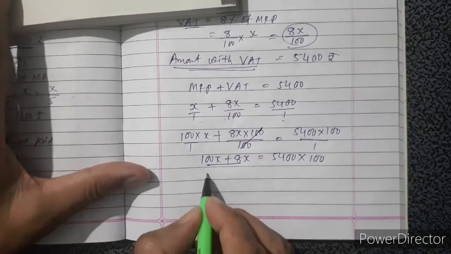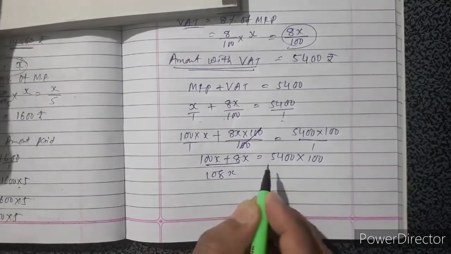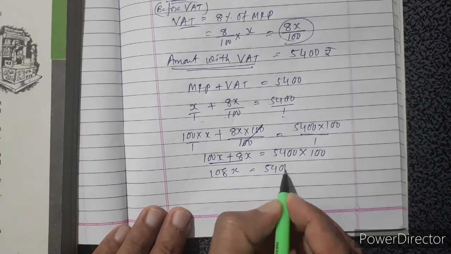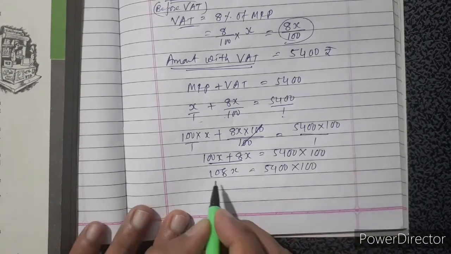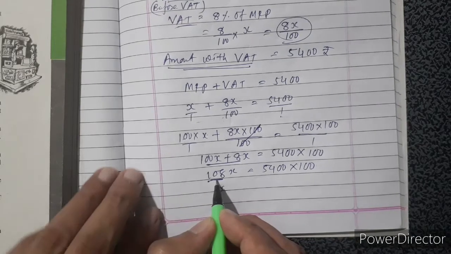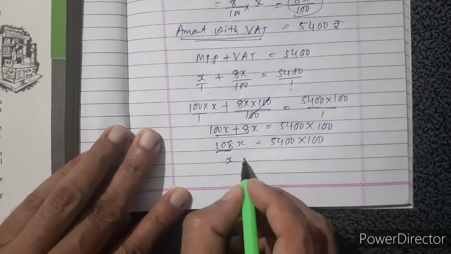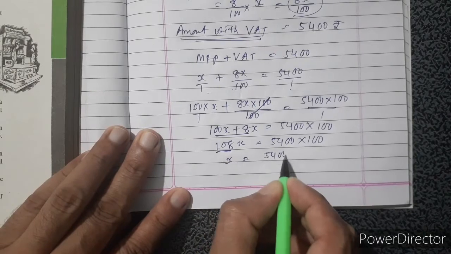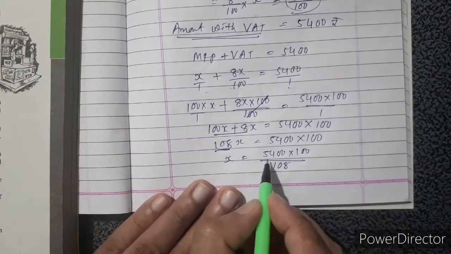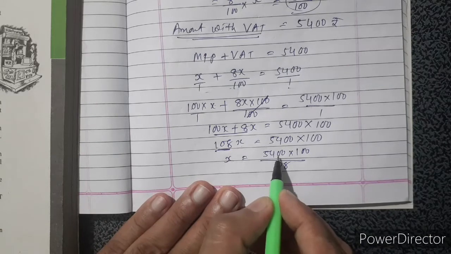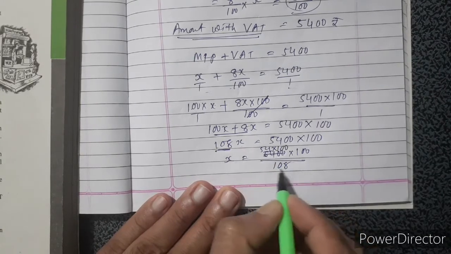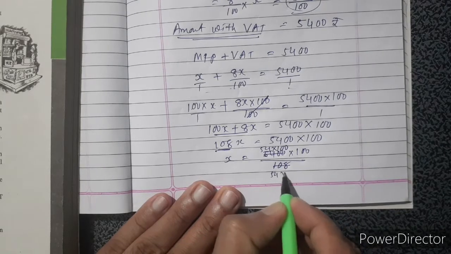The addition of that is 108X equals 5400 into 100. Now change the side of 108. So X equals 5400 into 100 divided by 108. 5400 means 54 into 100, and 108 is 54 into 2.